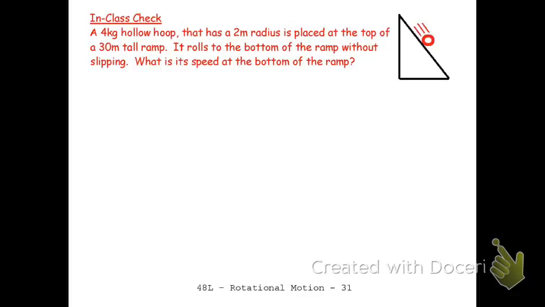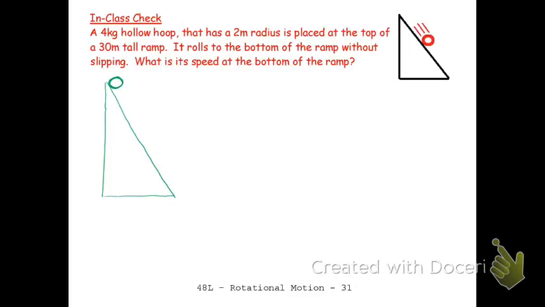So we say a 4 kilogram hollow hoop, 2 meters radius, is placed at the top of a 30-meter tall ramp. It rolls to the bottom of the ramp without slipping. What is its speed at the bottom of the ramp? I'm not giving you the slope angle because you don't need it.